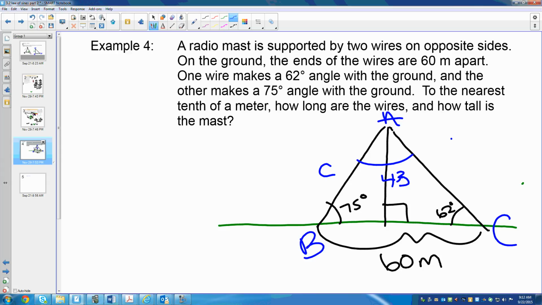You guys solve for side length C. And then this side, can you solve for side length B? You're going to use the same kind of process where you're going to have 60 over the sine of 43 is equal to B over the sine of 75. So I'll give you about a minute here to solve, and then I'll ask for help.